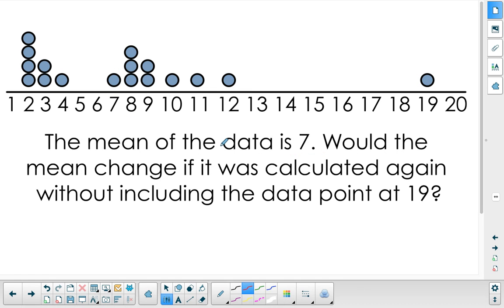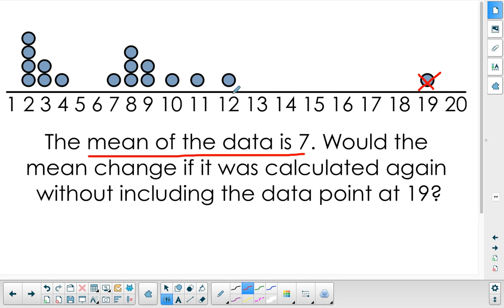So another example of that is their average is 7. So when they add everything up and divide by 17 data points, they came up with 7. So if we got rid of that 19, it is really pulling our balance over here to this 7 right now. So it's trying to balance everything out.